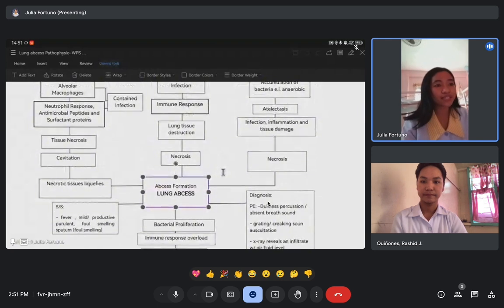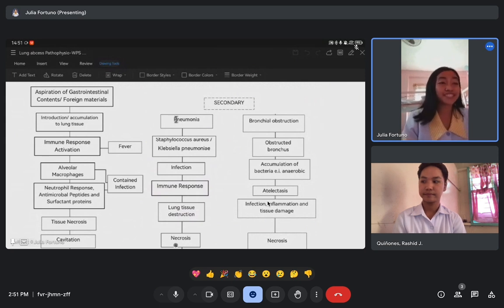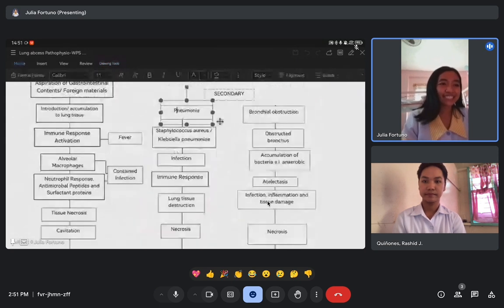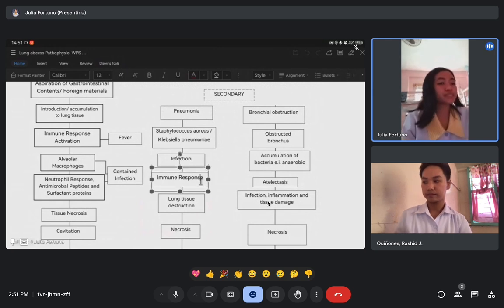Let's proceed to the secondary cause of the lung abscess, which are the occurring diseases such as pneumonia. So pneumonia is an occurring disease. This disease is usually caused by Staphylococcus aureus or Klebsiella pneumoniae. As it enters the lungs, it will cause infection. Then the immune response will occur.